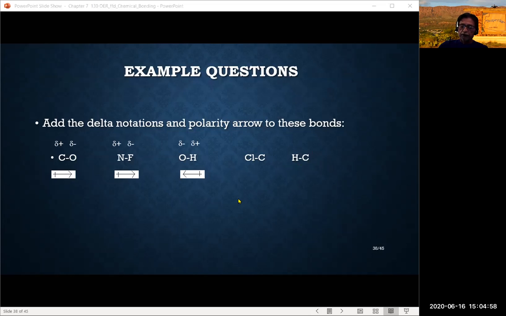Carbon and chloride, well, chloride's a lot more electronegative, so the arrow goes from carbon to chloride. And carbon to hydrogen, none. Okay, it's nonpolar, just like the diatomic elements. There is no dipole involved there because the electronegativity of hydrogen and carbon are basically the same.